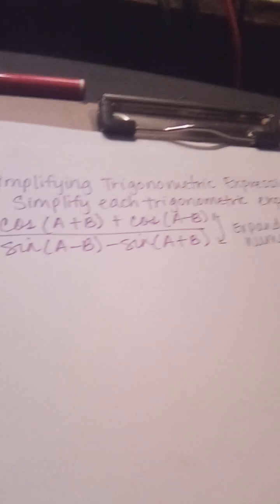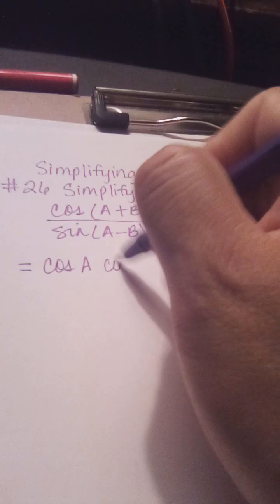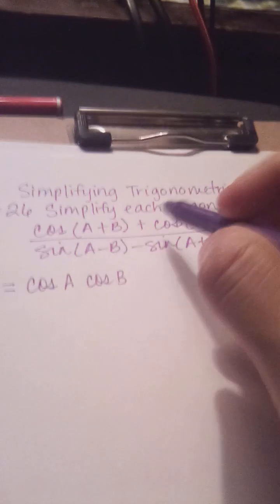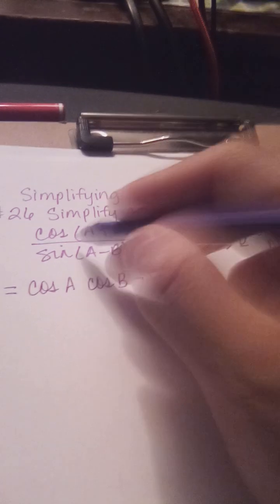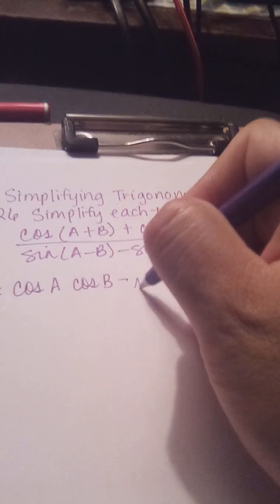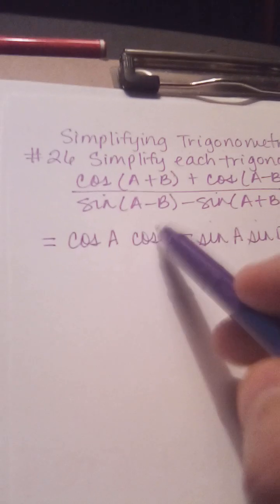Let's do the numerator first. It's a little bit tricky, so forgive me, I'm going to go a little slow. We have cosine A, cosine B minus sine A, sine B. We did the first two.